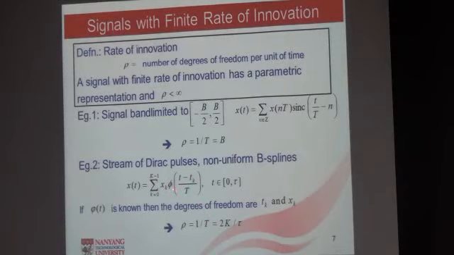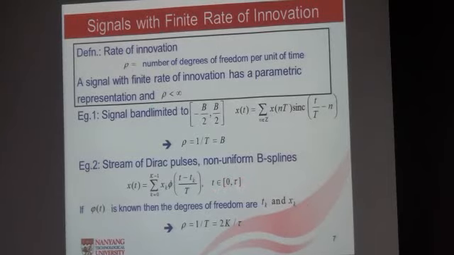If we know what x_k and t_k are, then we have a perfect representation of x of t. So how many x_k's and t_k's are there? There's K, and therefore the rate of innovation in this case is 2K over tau. Here we're assuming that the time interval is between 0 and tau.